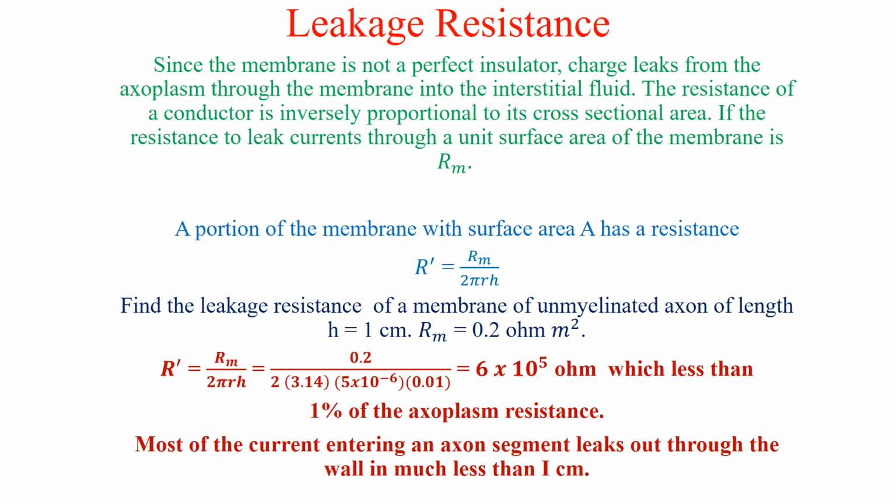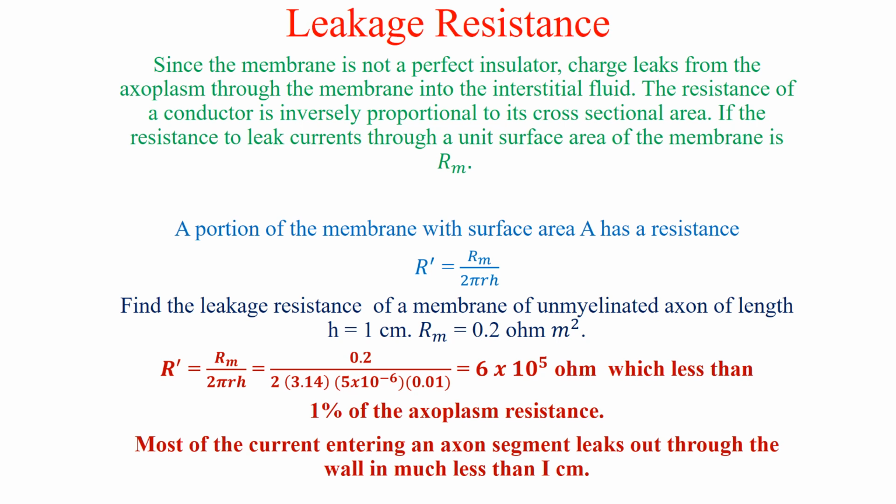Since the membrane is not a perfect insulator, we mentioned that the membrane is a defective insulator, a bad insulator. Its resistance is much smaller than the resistance of the axoplasm. By charge, we mean here nerve impulses, which leak from the axoplasm through the membrane into the interstitial fluid.